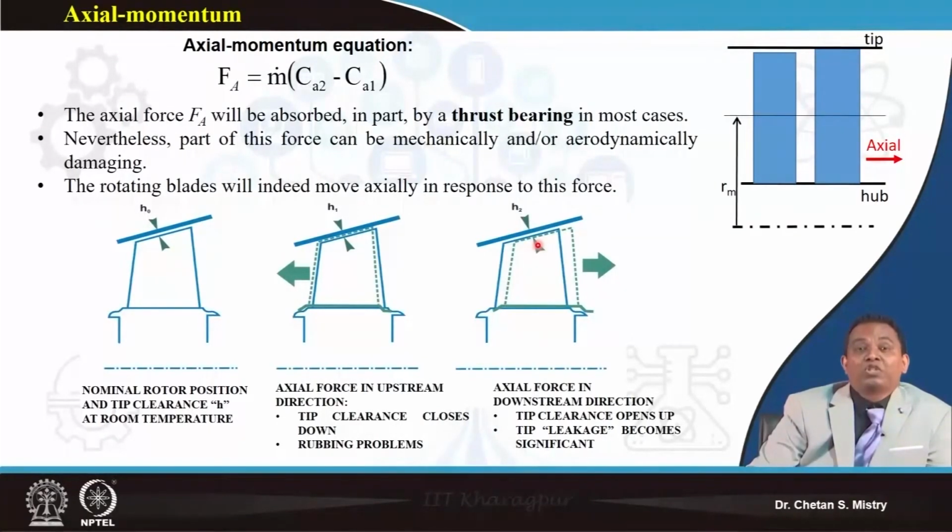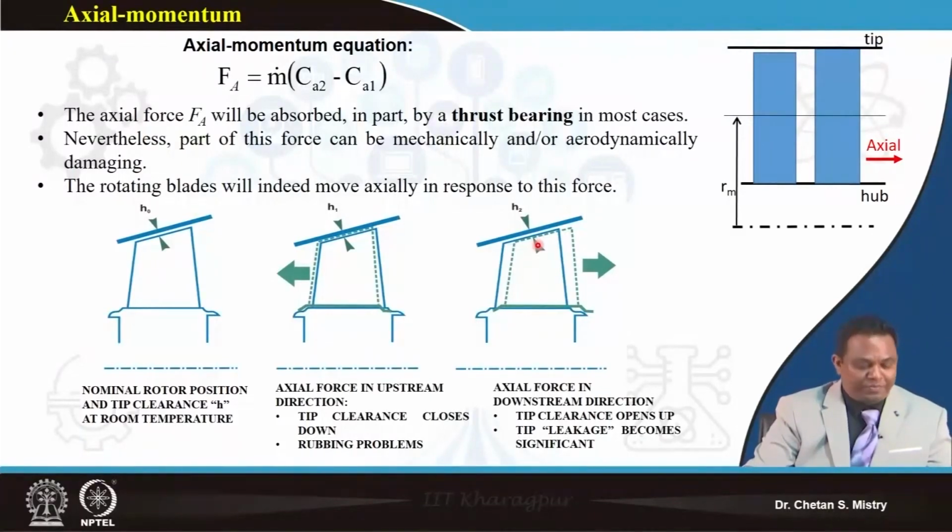In this case the tip leakage flow contribution will increase, which will reduce the pressurizing capacity of the rotor as well as the efficiency. So we need to take care of the change in axial velocity, because that is responsible for the axial momentum.